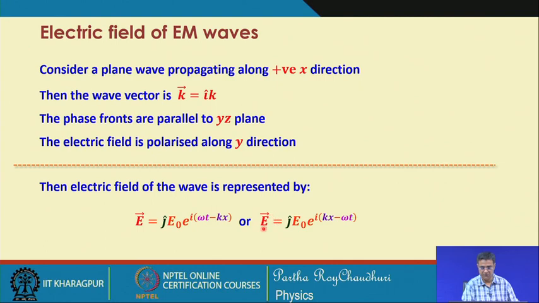You can write this expression for E as j E naught e to the power of i k x minus omega t as well. You can see that k x minus omega t or omega t minus k x both represent electromagnetic waves propagating in the positive x direction.